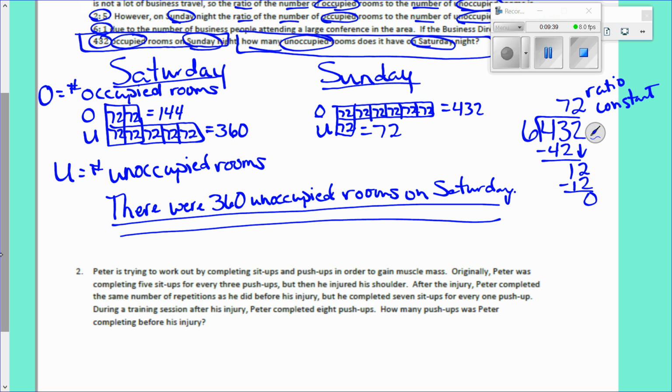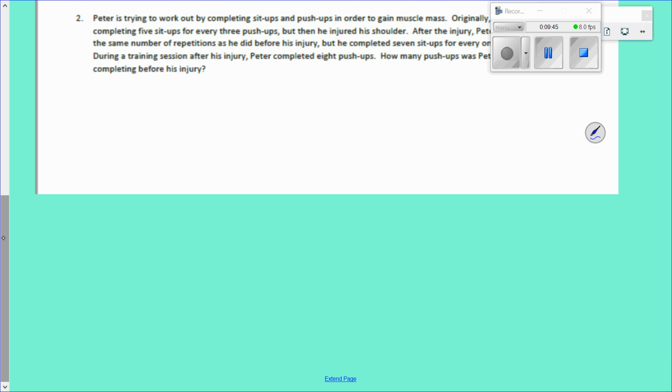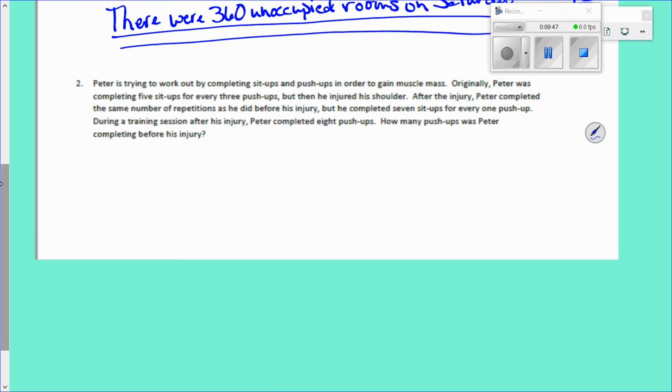Good. Let's do one more together, see if this can help you. And I'll be honest, guys, starting with marking your text is going to help make a lot more sense out of all of this, because it's going to pull out that important information. So number 2, Peter is trying to work out by completing sit-ups and push-ups in order to gain muscle mass. Originally, Peter was completing 5 sit-ups for every 3 push-ups.